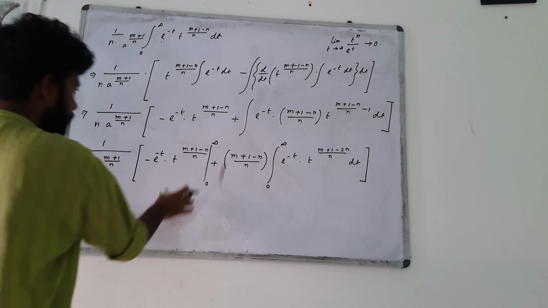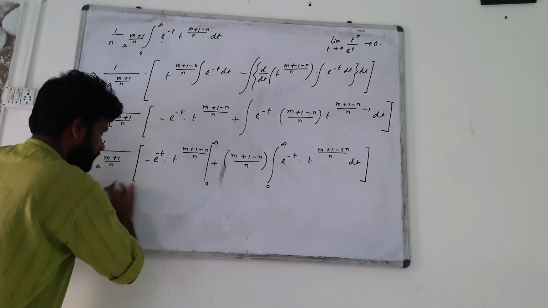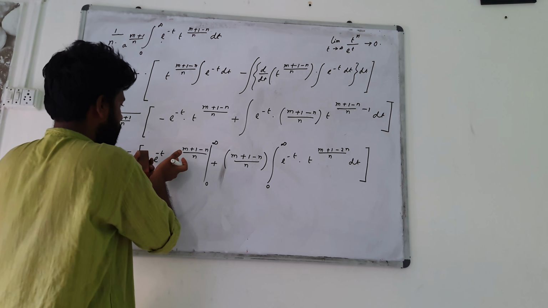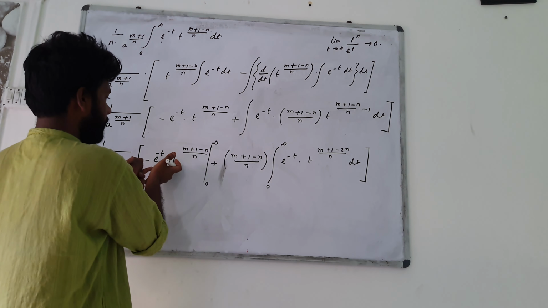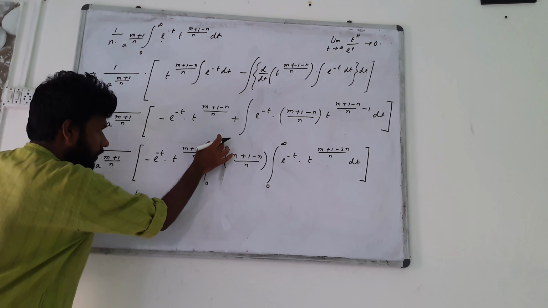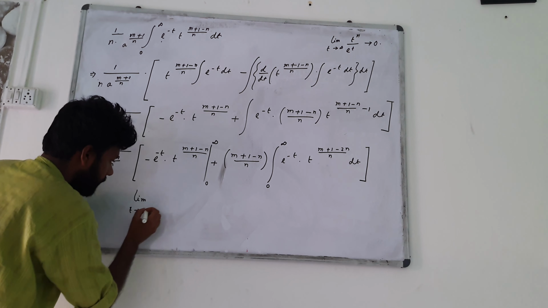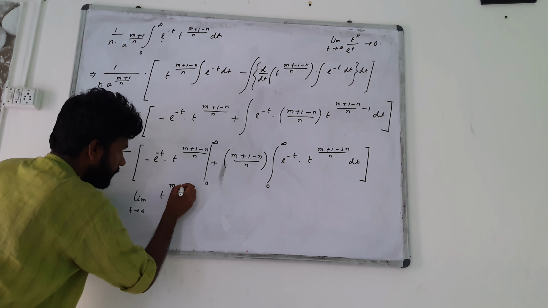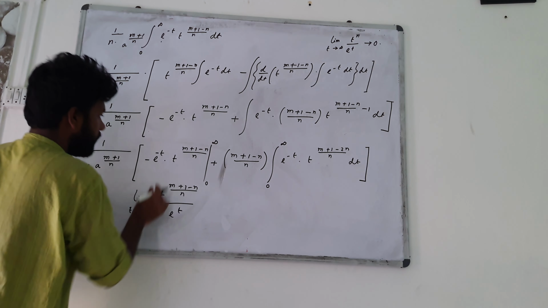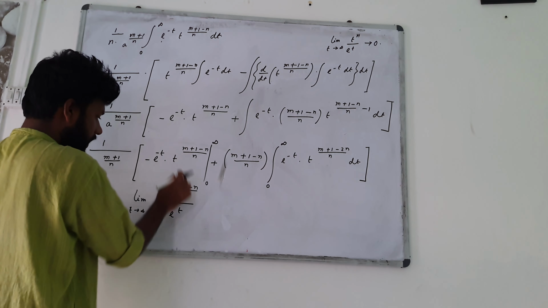So now how to evaluate this thing? It's not just a simple limit. You can't just plug in t equals infinite there. For the upper limit, if you introduce the limit, it is 1 by exponential of t, because there is e power minus t, so it means 1 by e power t.